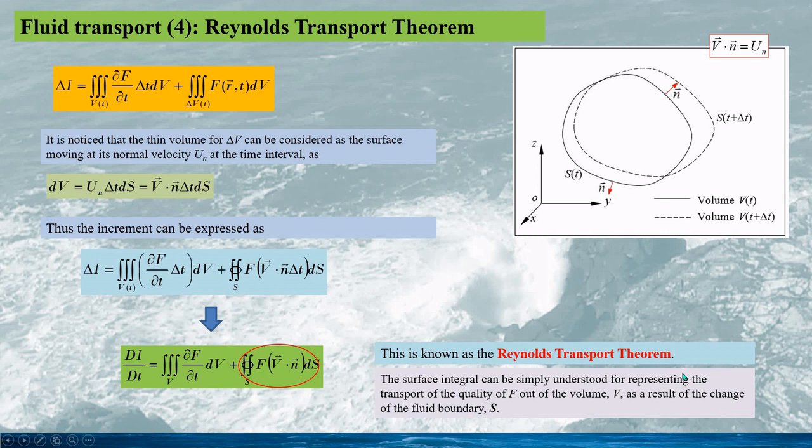Basically, the surface integral can be simply understood as representing the transport of the quantity F out of the volume V as a result of the change of the fluid boundary S, because of the fluid velocity.